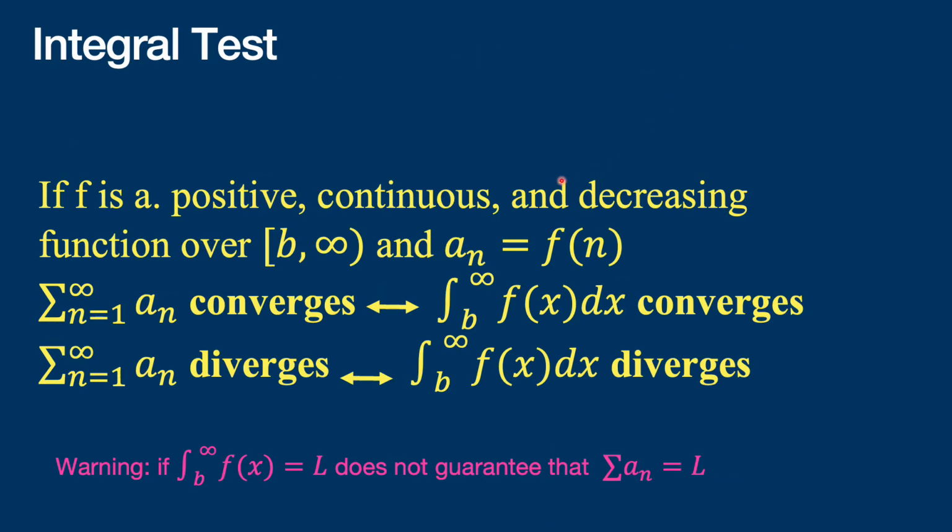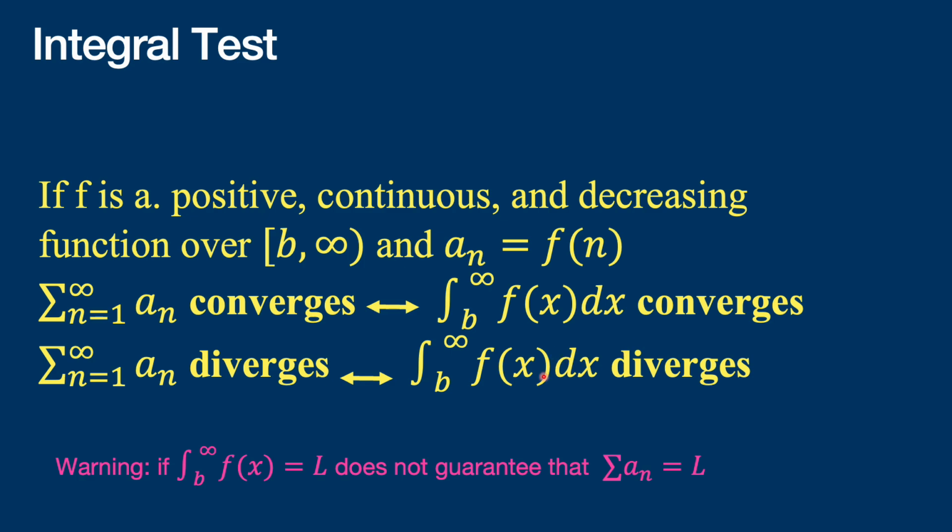Here, I'm going to formally introduce the integral test. The integral test condition is right here: positive, continuous, decreasing over the interval. If the sequence represents the values of a function, then if the improper integral converges, the series converges; if the improper integral diverges, the series diverges.